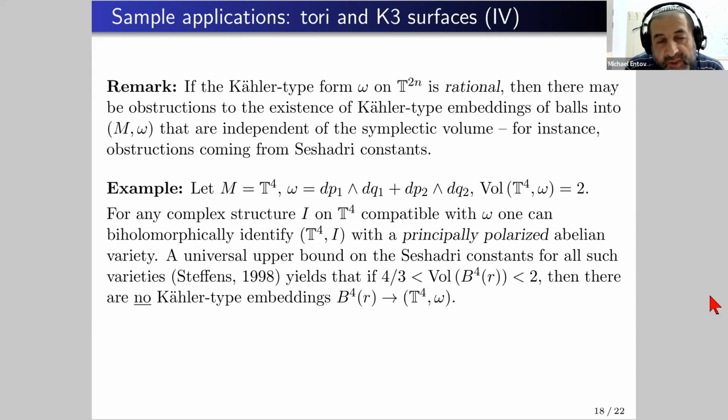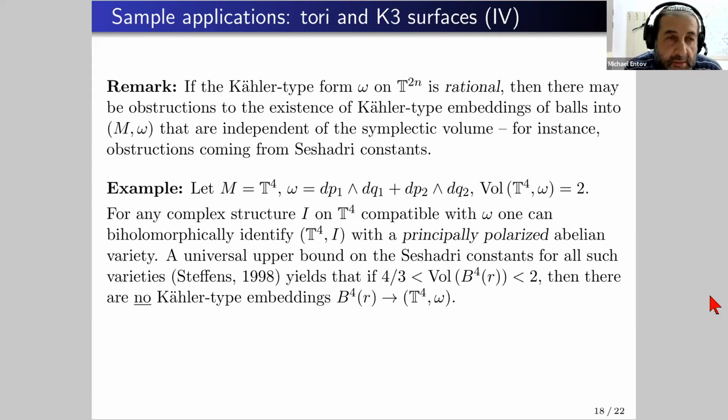So for such complex manifolds, there is a universal upper bound on Seshadri constants due to Steffens, and it yields that a bounded Seshadri constant translates into a bound on the maximal possible volume of a ball that can be Kähler-type embedded into this symplectic manifold. And this yields that if the volume is between 4/3 and 2, then there are no Kähler-type embeddings.